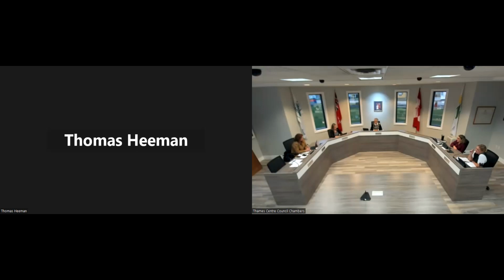I'm seeing some density in here, and housing in general, that I think we'd like to see in Thames Centre, and if I could, I'd like to move it along. Because as you know, we do have people wanting to age in place in the municipality. And I think it's incumbent upon us to try to get them those opportunities so that they can stay in the community.